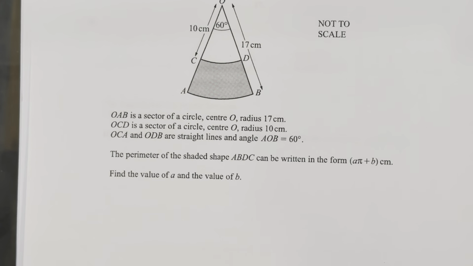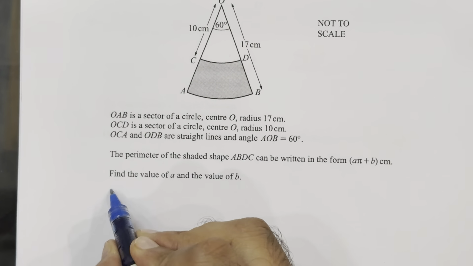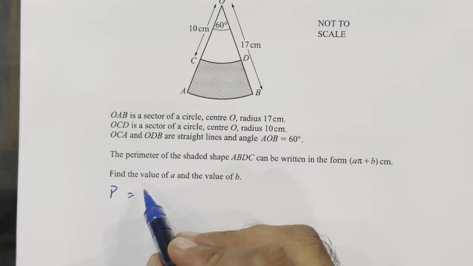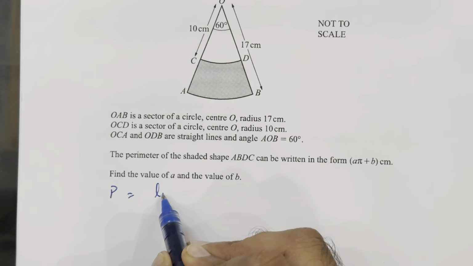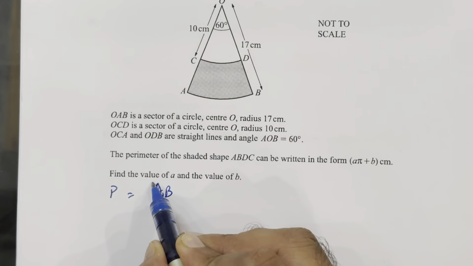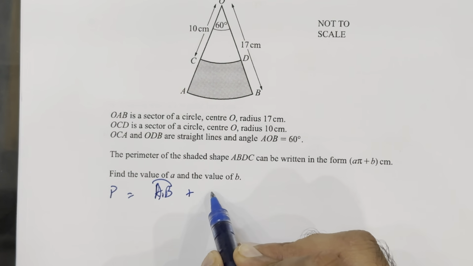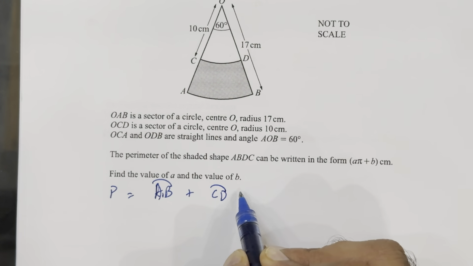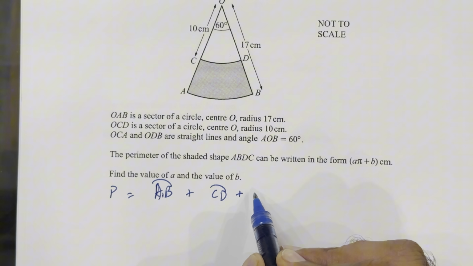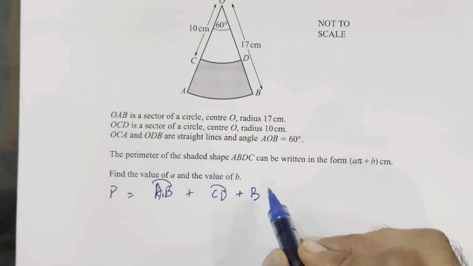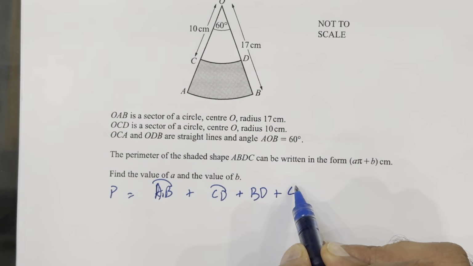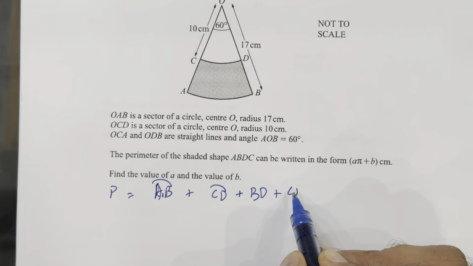Okay. So we have to apply the formula for the perimeter. The formula of perimeter would be the arc length of AB and the arc length of CD plus BD, this portion, plus AC.